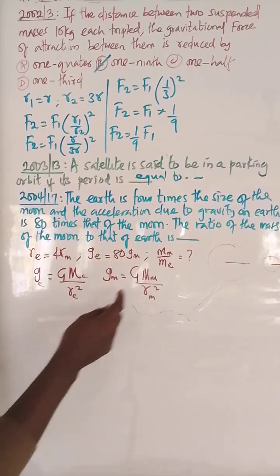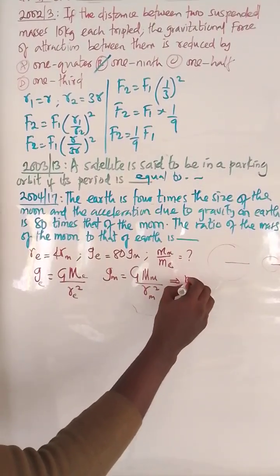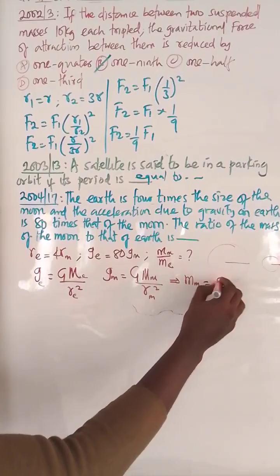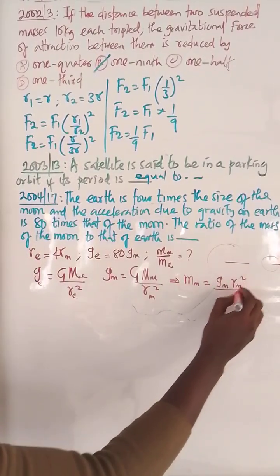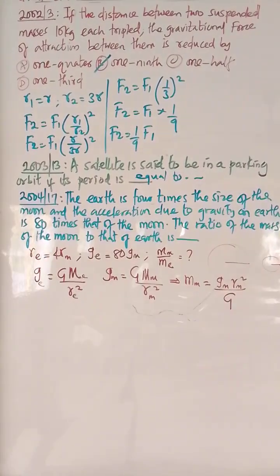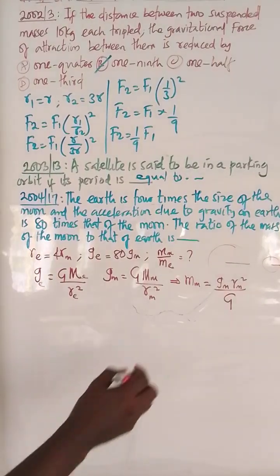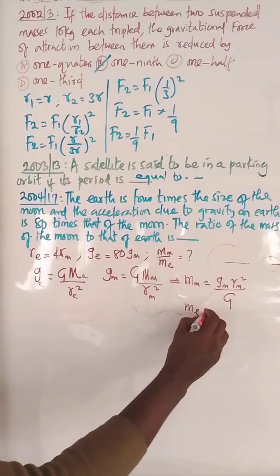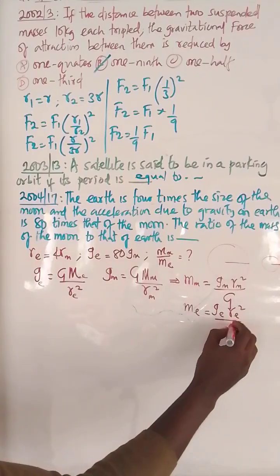Let's just make M the subject here. If you make the mass of Moon the subject, the mass of Moon equals g Moon R Moon squared over G. Same goes for Earth. The mass of Earth equals g Earth R Earth squared over G.